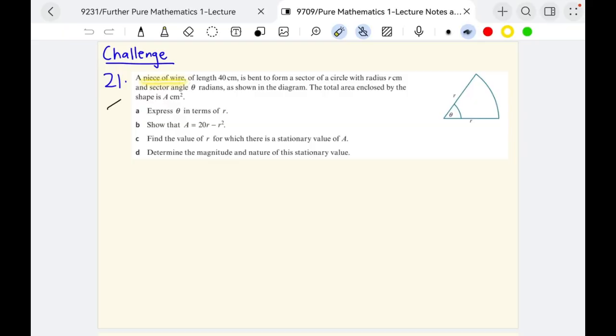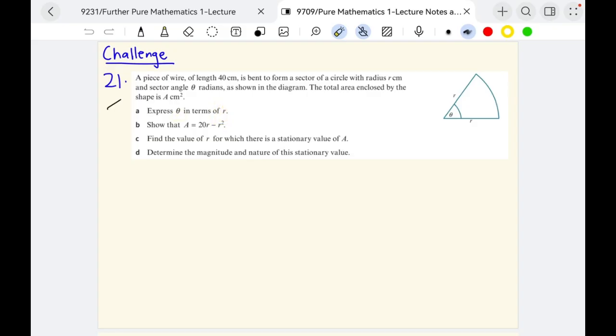A piece of wire of the length 40 cm is bent to form the exact same shape, which is the sector of the circle shown on the diagram on the right, with the radius of r cm and the sector angle of theta radians as shown in the diagram. The total area enclosed by the shape is A cm squared, the area of this entire sector. Next, express the theta in terms of r.